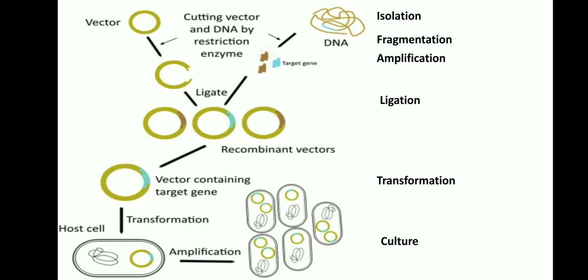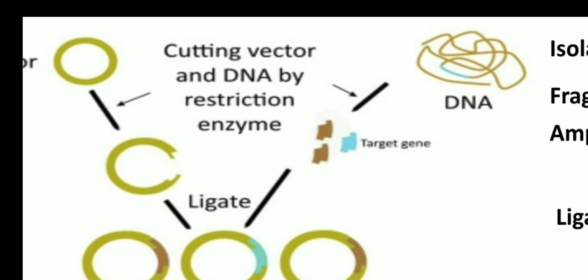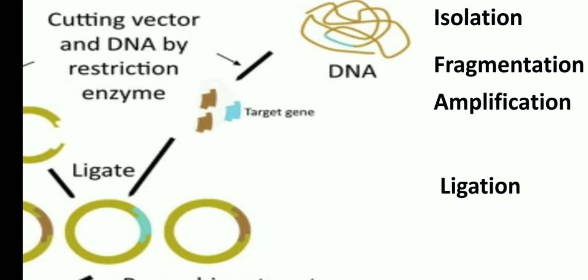First, isolate the DNA using various enzymes, then cut the DNA using a restriction enzyme and fragment it. From those fragments, isolate the particular desired DNA and amplify that DNA using the polymerase chain reaction process.